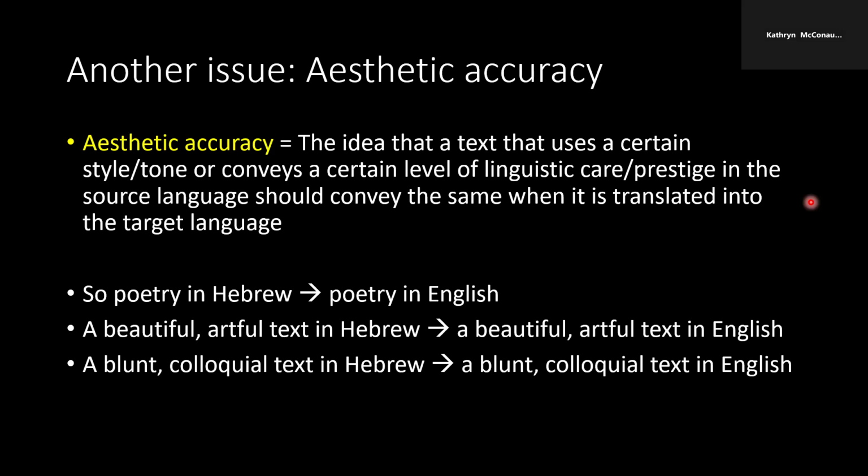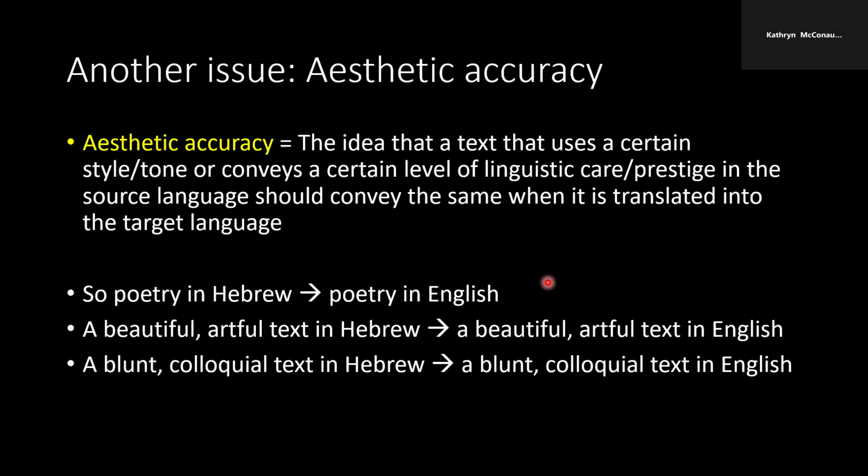Basically, the idea for aesthetic accuracy is that a text that uses a certain style or tone or conveys a certain level of linguistic care or prestige in the original language should, when it's translated, convey the same style or tone, the same degree of linguistic care or prestige. So if you have something that's poetry in Hebrew, when you put it into English, it needs to be poetry.